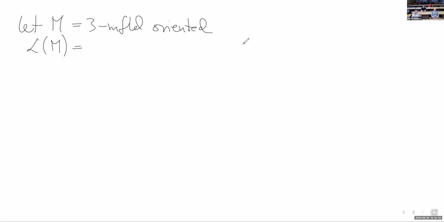So let M be a three-dimensional manifold, and I only require that it is oriented, not necessarily compact. Frankly, I don't even need it to be oriented, but the theory is maybe not very interesting then. And so I want to consider all framed links in it.